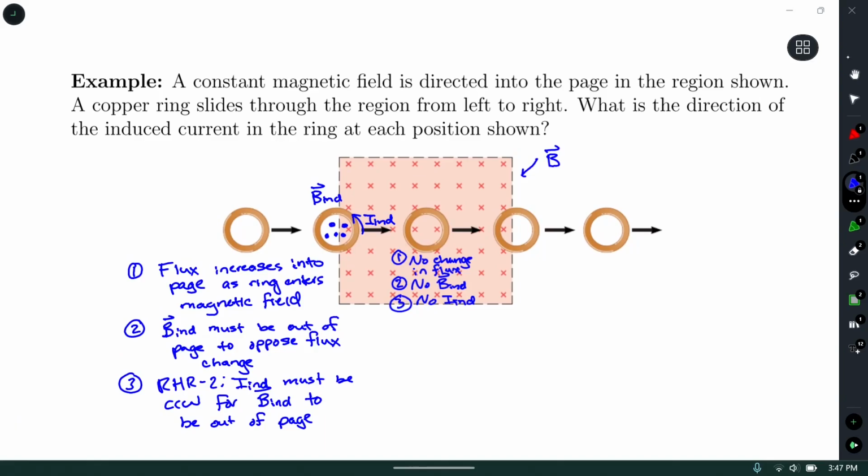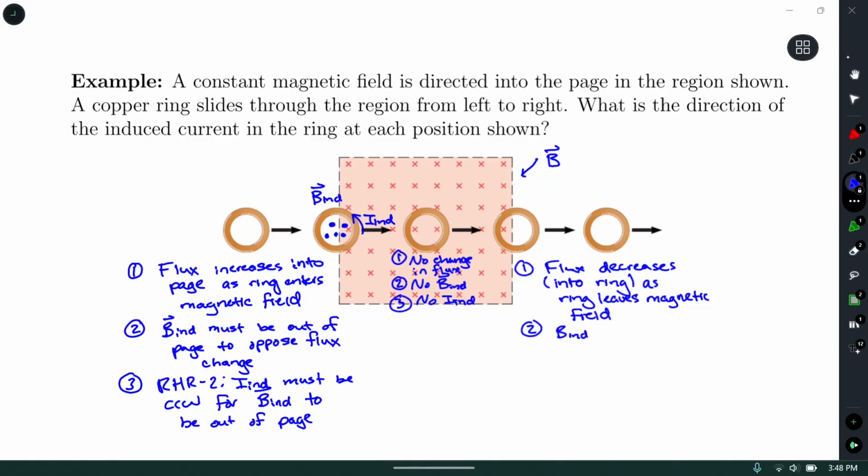But now we look at the ring as it is exiting this magnetic field region again. In that case, we're going to see the flux decrease. And in this case, we have less flux, we could say, into the ring as it leaves the magnetic field. Lenz's law says that the induced magnetic field should oppose that change.